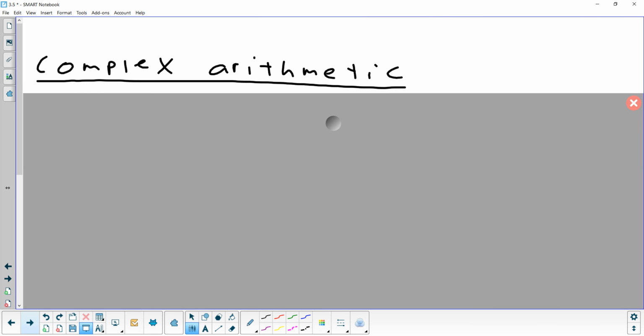All right, so let's talk a little bit about complex arithmetic. The first thing I want you to understand is that i in math is a number. And a lot of people get tripped up with that. Yes, i is a letter in the English alphabet, but in math, i stands for the number square root of negative 1.